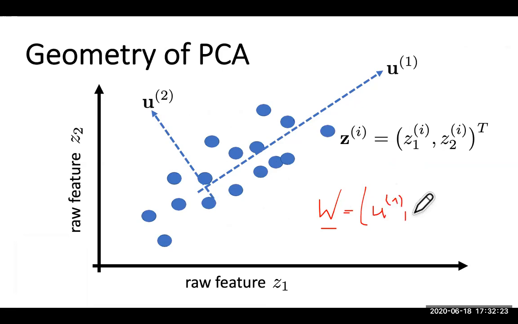And then we have the second row. So these rows turn out to be the directions in which the data points change the most. So this is the first direction in which the data points spread out the most, and then the second direction in which the data points spread out the most, if we ignore the variation in the first direction.